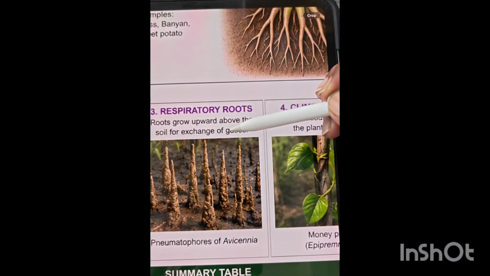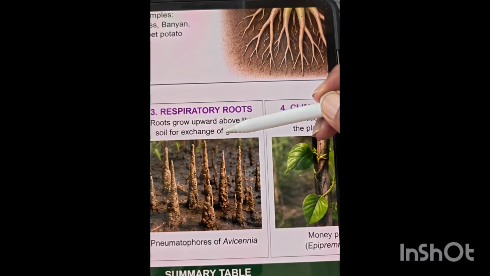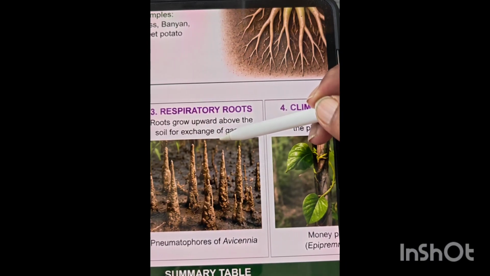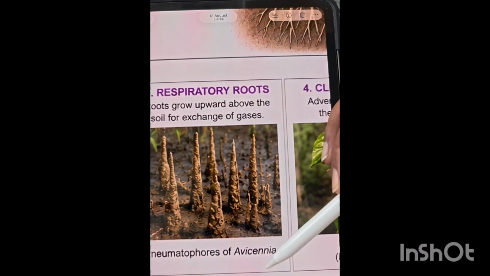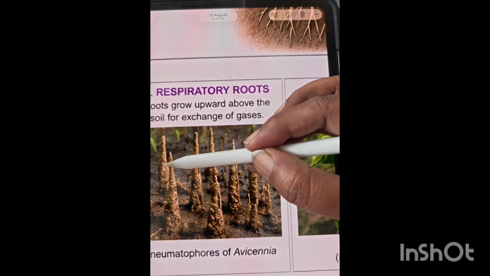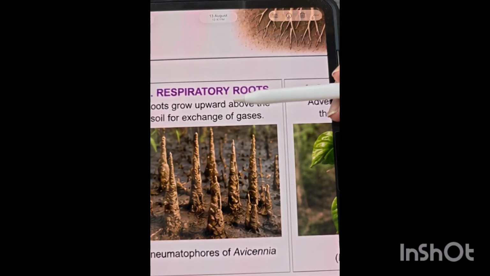Next is the respiratory root. In the last lecture also I mentioned the respiratory roots. It is a modification in water-logged conditions, especially in mangrove plants. An example is Avicennia, where the roots come out and develop lenticels or pneumatophores on the surface, which help in the exchange of gases.